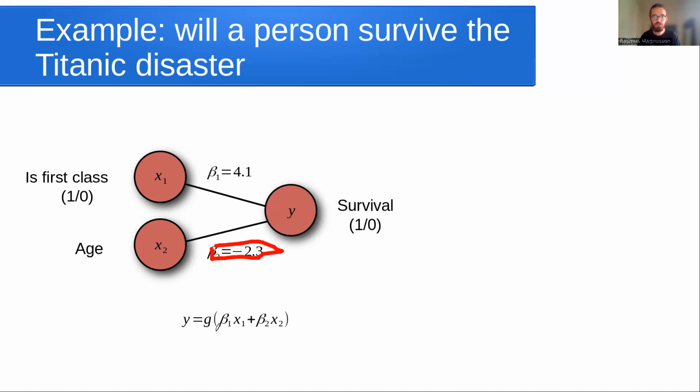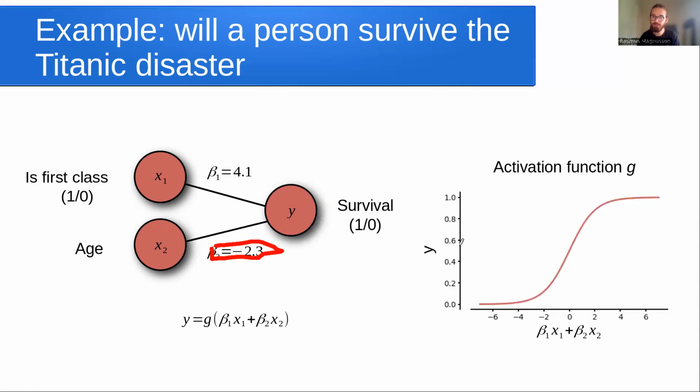The model we choose here is just the sum of the coefficients and the predictors fed into an activation function G, because just as in a brain cell, we want the neuron here on the output level to only become activated when it reaches some kind of threshold. So here we see an actual activation function G, a sigmoid function.